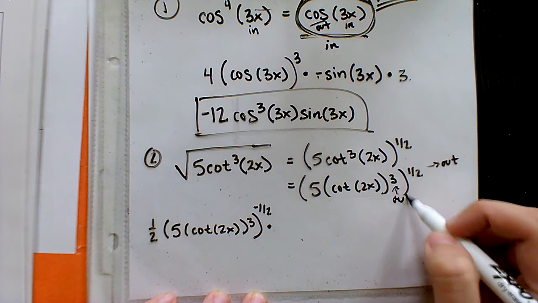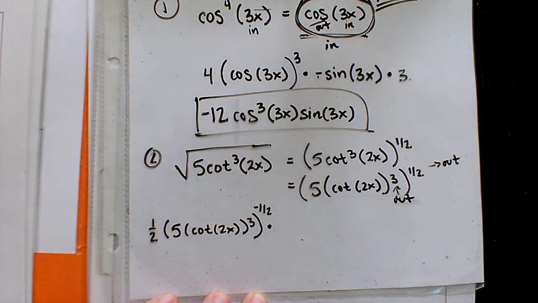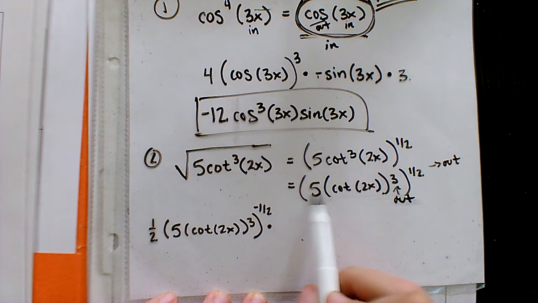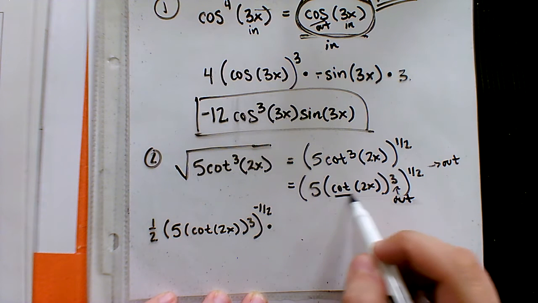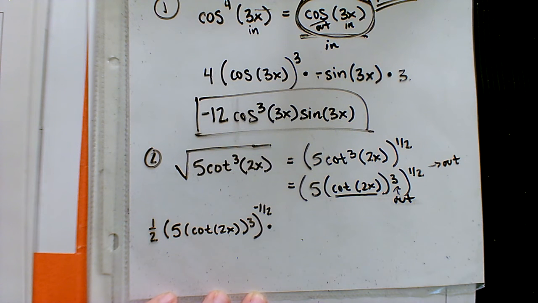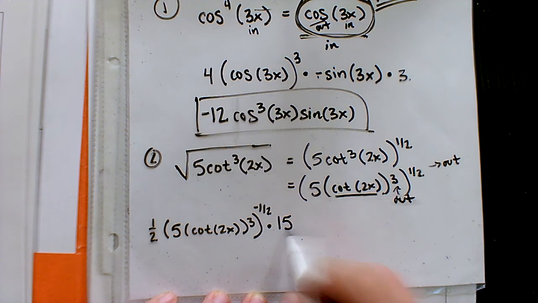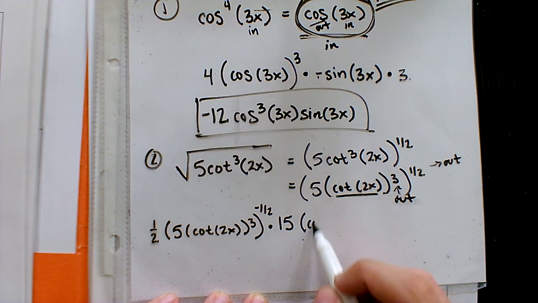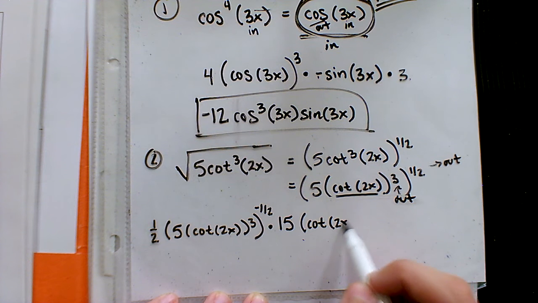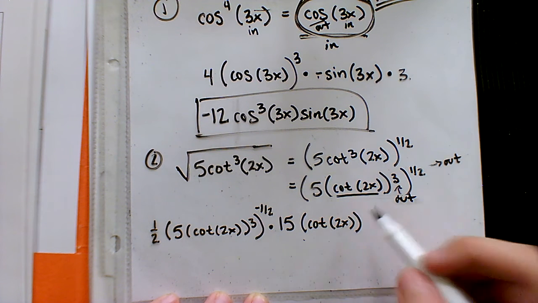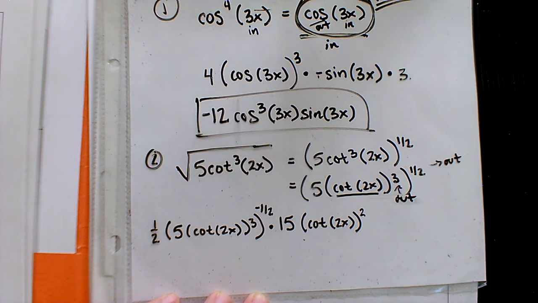So the outside is this power of 3 and the coefficient of 5, and the inside is the cotangent of 2x. So we'll bring the 3 down, make it 15, keep the inside function. If we brought the 3 down, the new power is a 2.